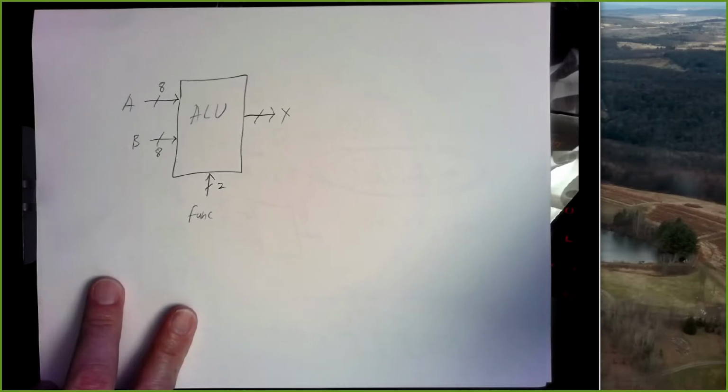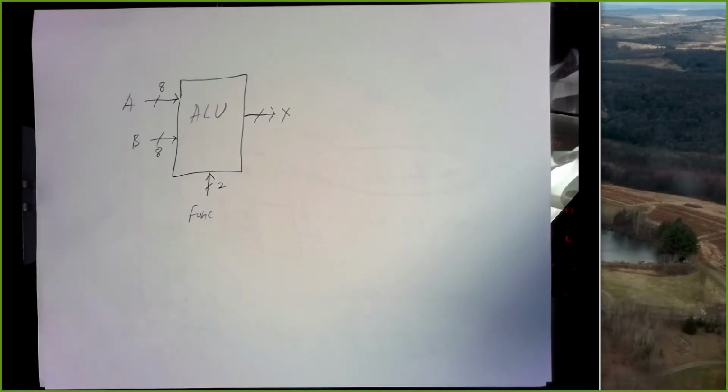1024 bits would be a lot of bits, but I know what you're trying to say, I think. 64 is closer. So if you add two 8-bit numbers, how big is your sum? How many bits?